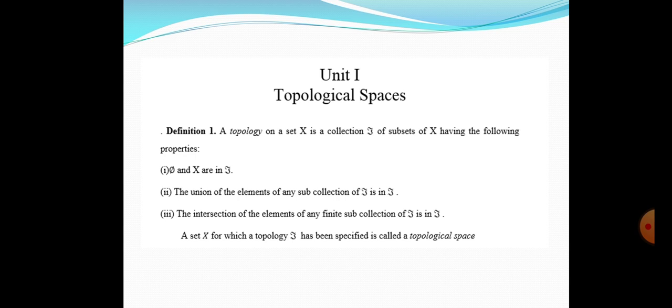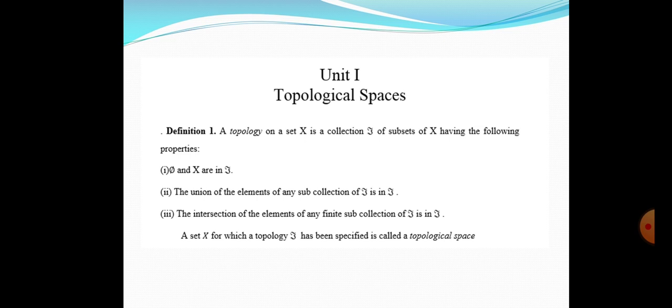How do we get it? The subcollections are empty, singleton set A, singleton set B, singleton set C. Next, the two element sets are A, B; B, C; A, C; and X, the whole set. Now we move on to the unit 1.